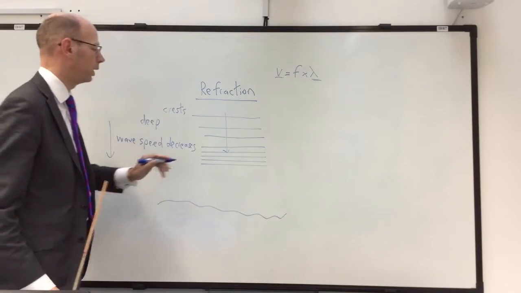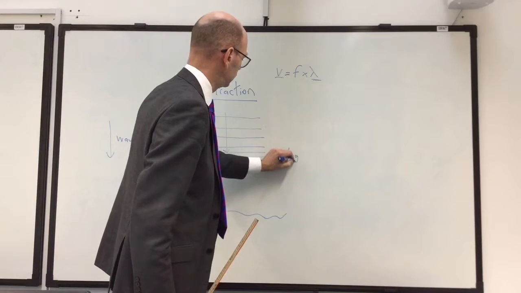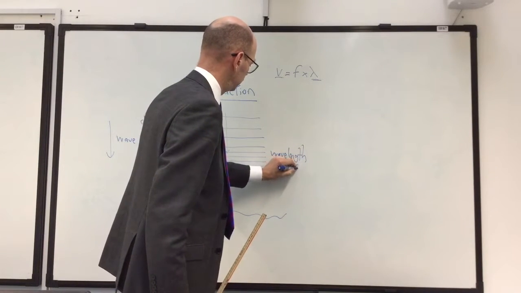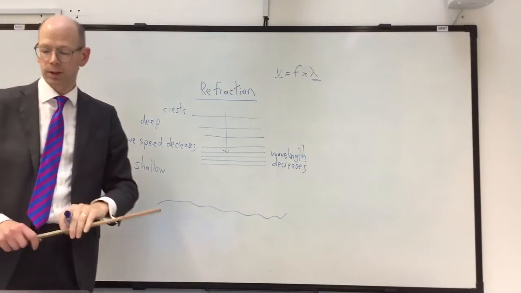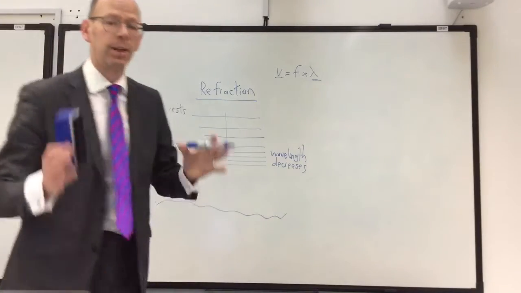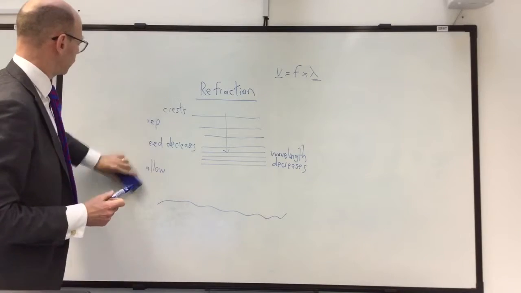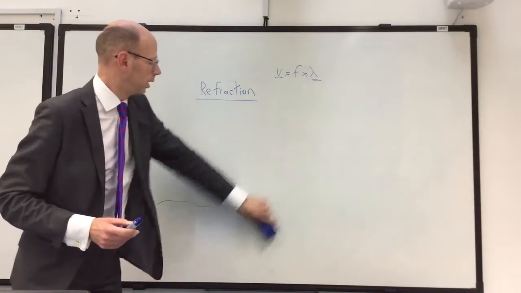So the speed decreases and the wavelength decreases. Alright, so far all we've learned is that as the waves travel slower, they bunch up and we get a smaller wavelength. That doesn't really quite explain this phenomenon of refraction.